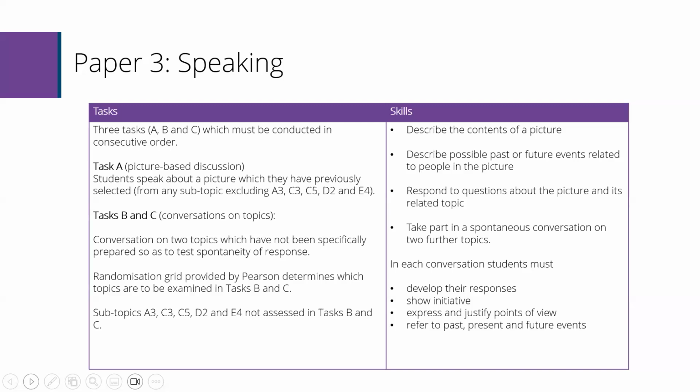And for tasks B and C, there's a randomization grid which is provided by Pearson, and that determines which topics are to be examined in tasks B and C. And again, those subtopics where there's a potentially sensitive issue, those are not going to be assessed in tasks B and C. Okay, so we're not going to ask you to talk about things like role models, because potentially that's a sensitive issue.